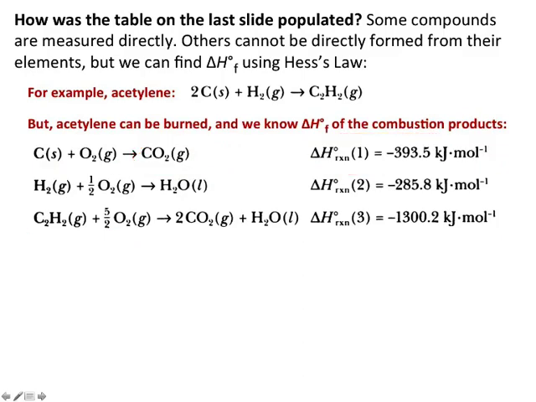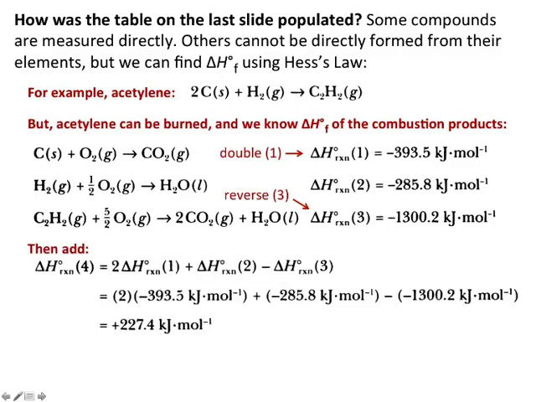Okay, so now we have these three equations. Can we rearrange them to form our overall equation up here? Because that's what we're trying to do. So now this becomes a pretty classic Hess's law problem, and I'll let you pause the video and ponder how to solve it. I'll just give you the outcome here. Ultimately, if you double the first reaction and then reverse the third reaction, these reactions sum up to the overall reaction on the top.